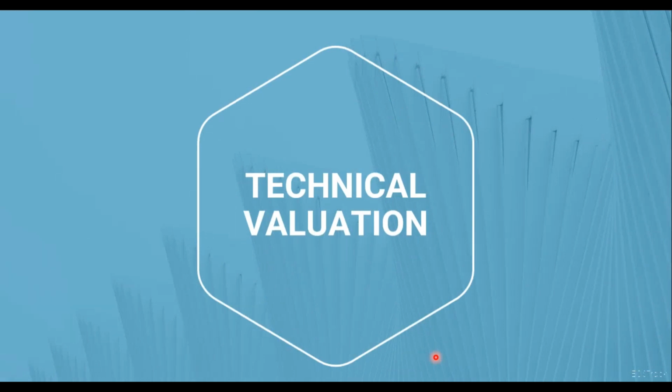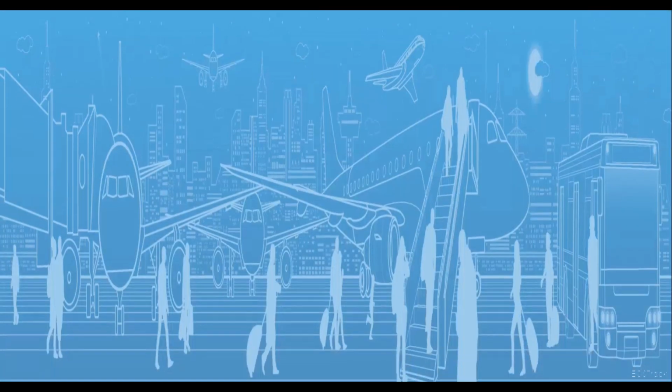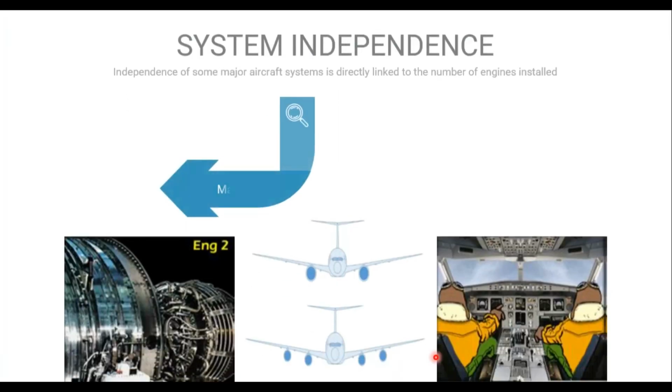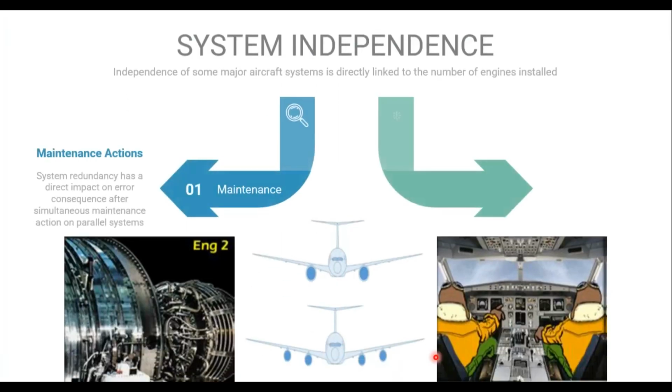Let's go to the interesting part that everybody's waiting for, the technical valuation, okay? So the aircraft system dependence. Basically, we have two things related to the aircraft system: the maintenance actions and the crew actions.